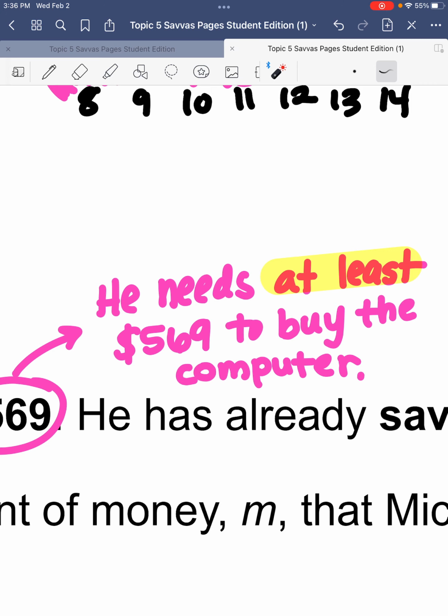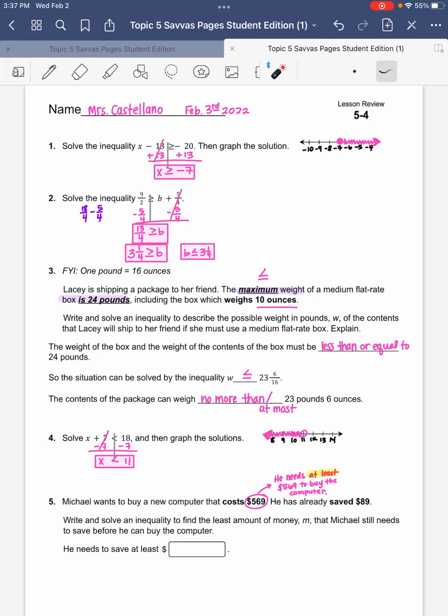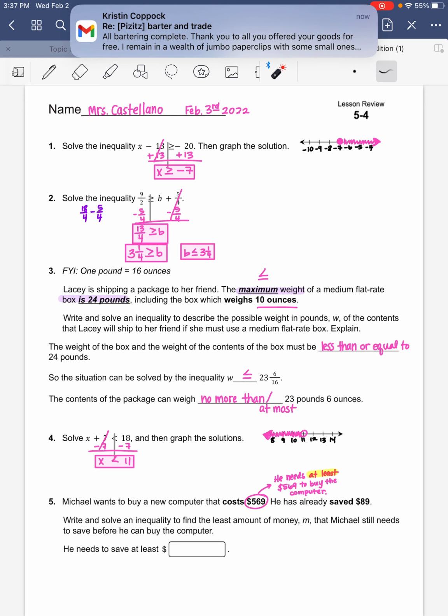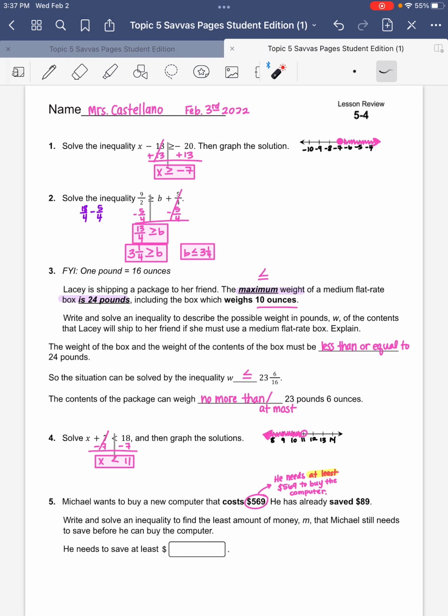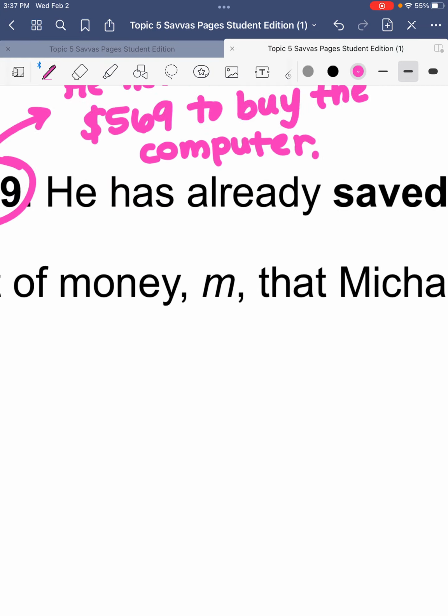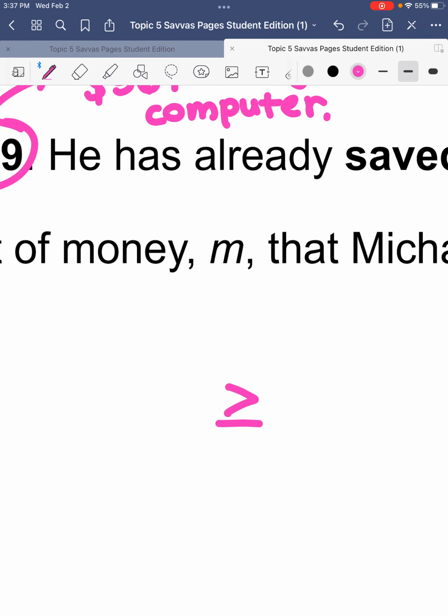And it makes sense because, like we said before, if he saved $600, he has enough money to buy the computer. At the very least amount, he needs $569. But if he saves a little bit more than that, then good for him. He's got extra money. He can go out to lunch, right? Okay, so now we know we're going to have at least, so greater than or equal to $569.